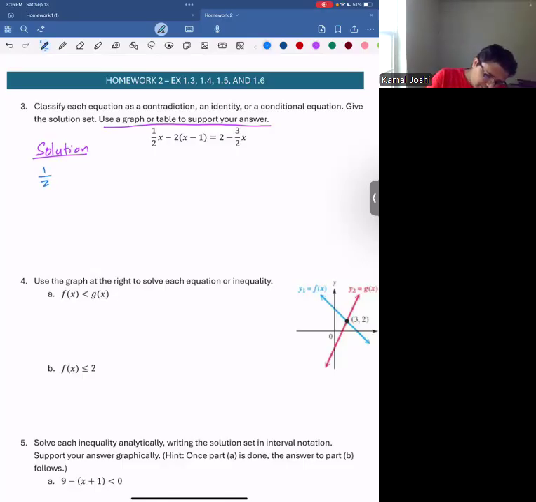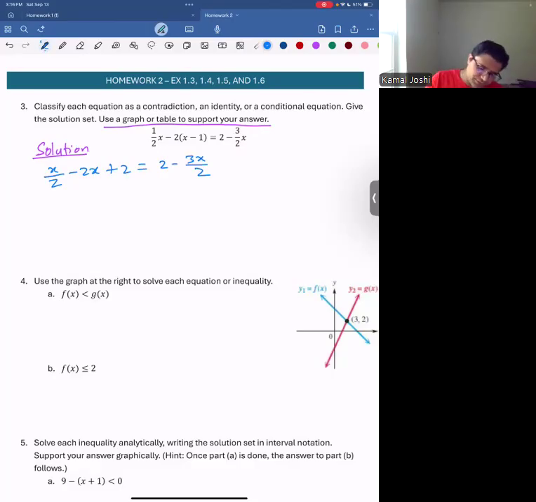half x minus 2x plus 2 on the left side, after you expand the parenthesis, and 2 minus 3x over 2 on the right side. X written like that in the middle goes with the numerator always. Okay. And actually, I could have done this also. Let me write it as x over 2.